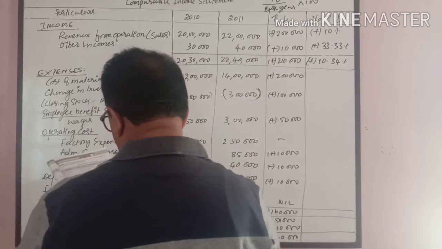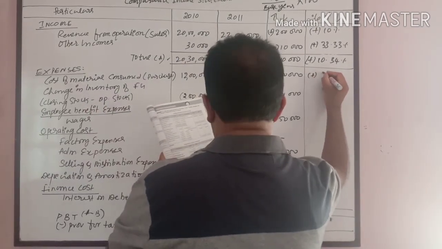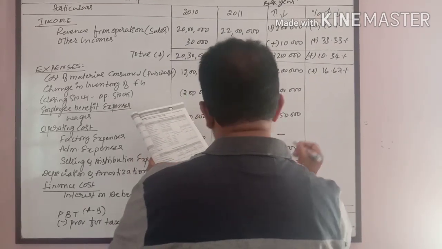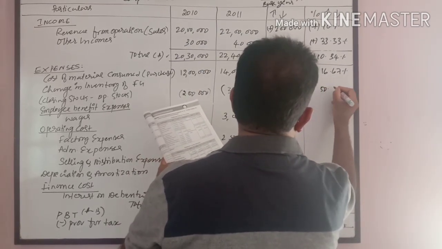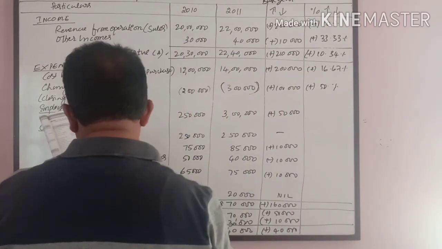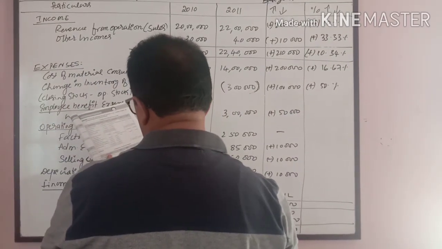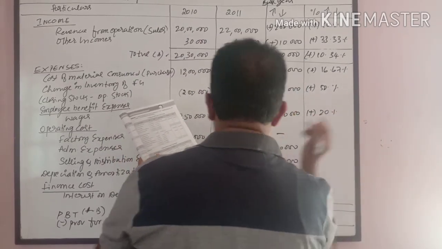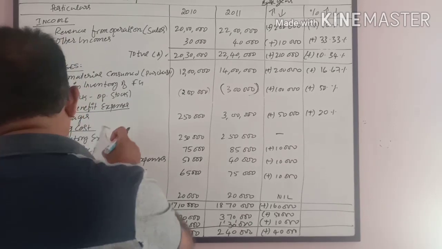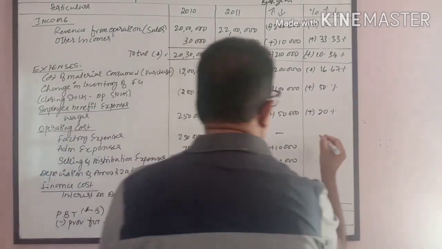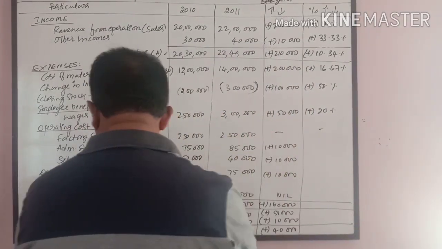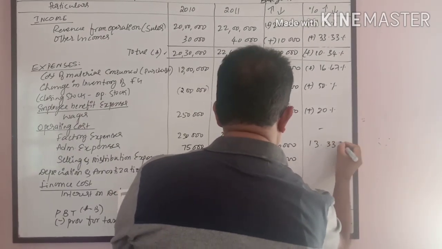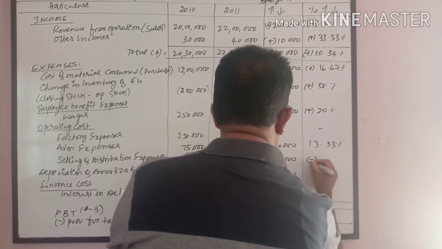So 2 lakhs divided by 12 lakhs plus 16.67%. 1 lakh divided by 2 lakhs plus 50%. 50,000 divided by 2 lakh 50,000, 20%. There is no any values here, no increase, no decrease. So percentage also nil.